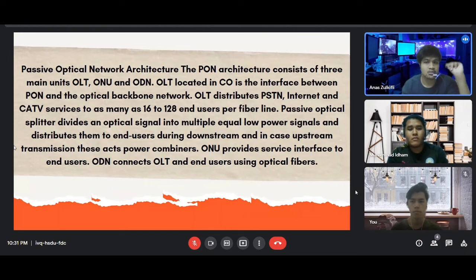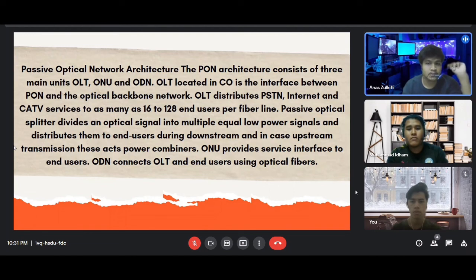Passive optical network architecture. The PON architecture consists of three main units: OLT, ONU, and ODN. OLT, located in the CO, is the interface between PON and the optical backbone network.